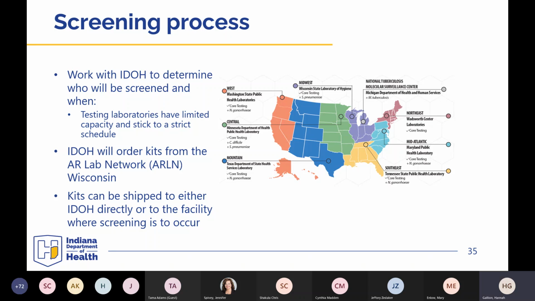After the swabs are collected, they are then sent to our ARLN regional lab in Wisconsin for testing. Results will then be faxed to your facility, and you will receive a follow-up call from our team at IDOH. This process is free to the facility, and our team is happy to help with logistics throughout the process.